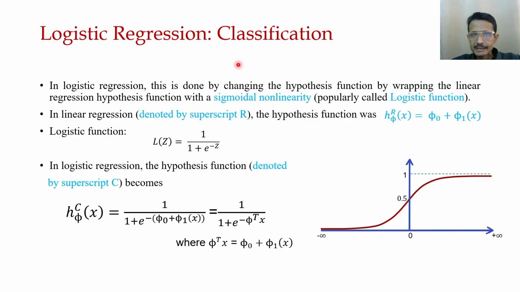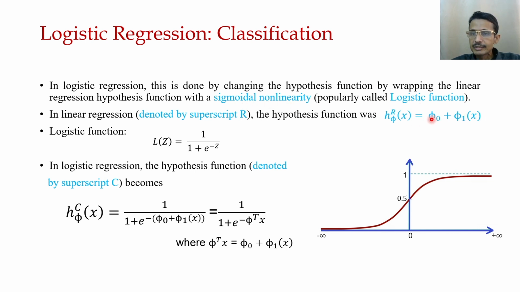Now how can we do this? In classification, we put a sigmoidal nonlinearity over the linear regression hypothesis function. As we know, our linear regression hypothesis function is h theta x equals theta 0 plus theta 1 x.